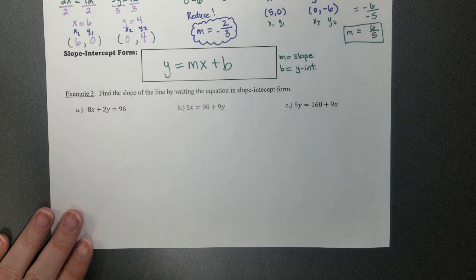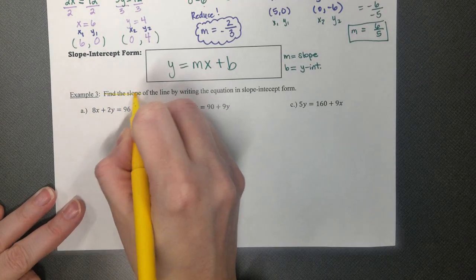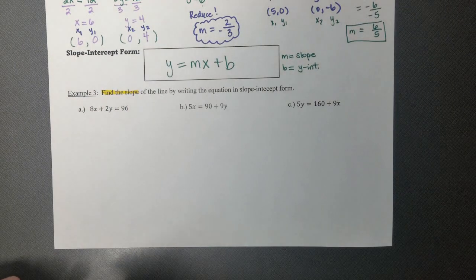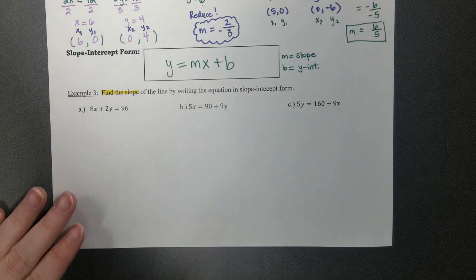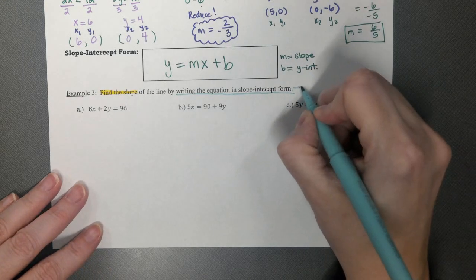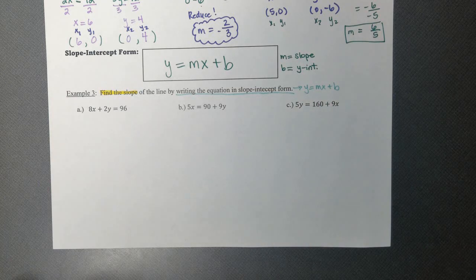Now, if we read the directions for example 3, it says to find the slope of the line, and we're going to do that by writing the equation in slope-intercept form. So we have to write it in the form y equals mx plus b.